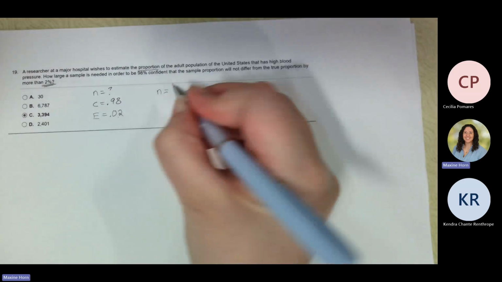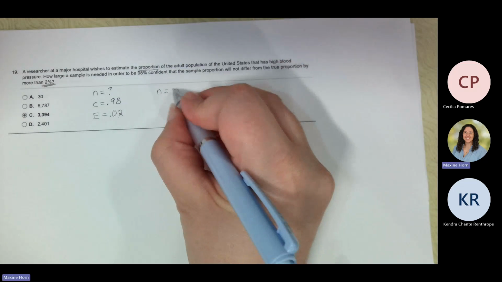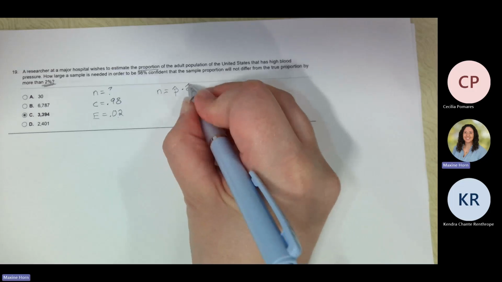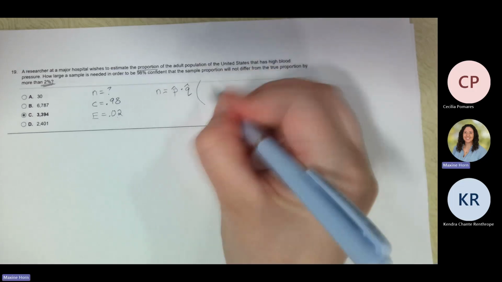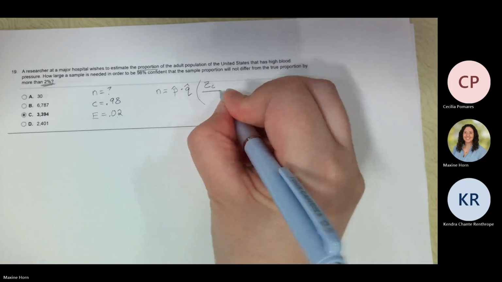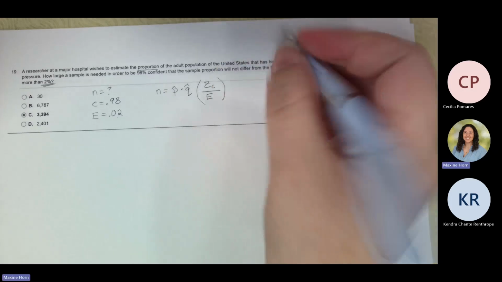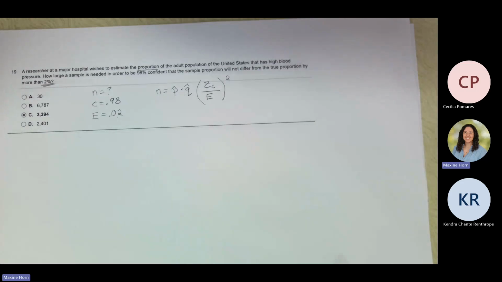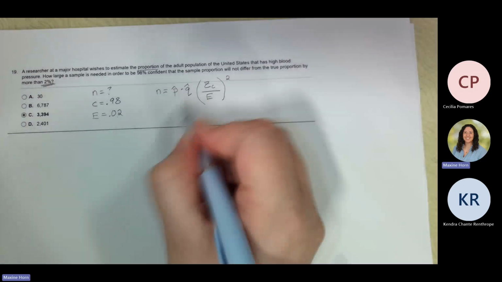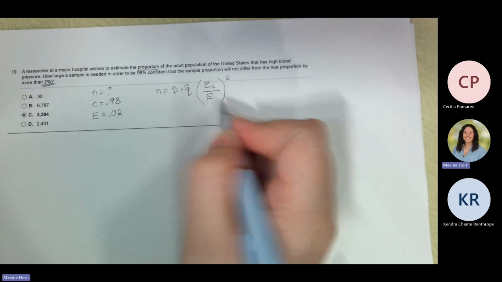So again, we're going to write out our formula. p hat times q hat times the z-score for the confidence interval over the error, squared. So let's go ahead and label all of these things. Okay, p hat.